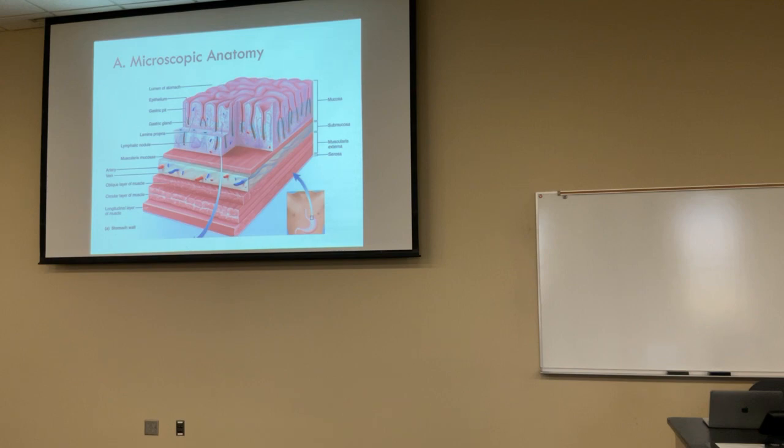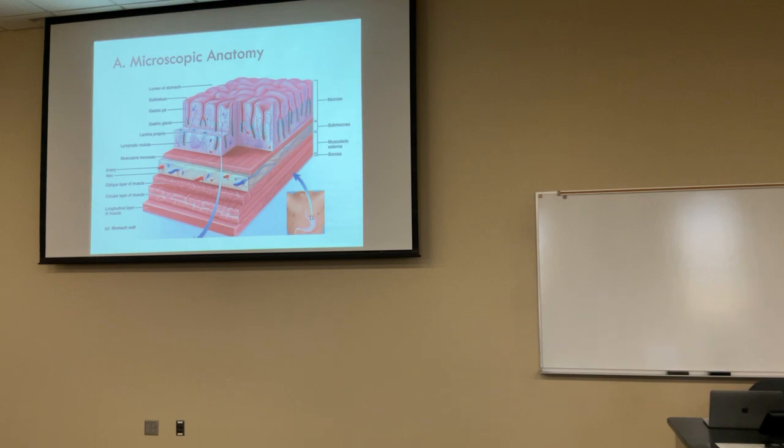Below the mucosa, there's a submucosa, which consists mostly of connective tissue and a few blood vessels. Then there's a muscularis, made up of three layers of smooth muscle in the stomach.